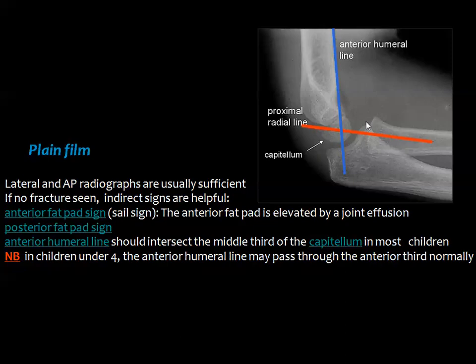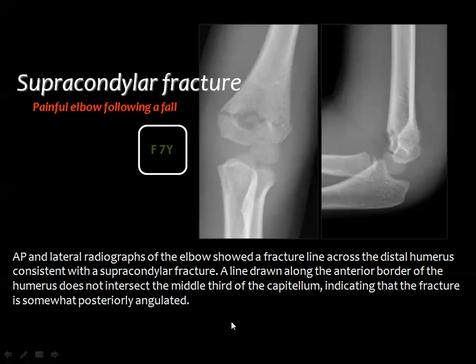If there is some malalignment of these lines, then you consider and look carefully for a fracture in the supracondylar area of the humerus. Also, a helpful sign is the anterior and posterior fat pad signs. You know that they are present in cases of elbow joint effusion, where the supracondylar fracture is considered the most common fracture to result in elbow joint effusion in the pediatric age group.